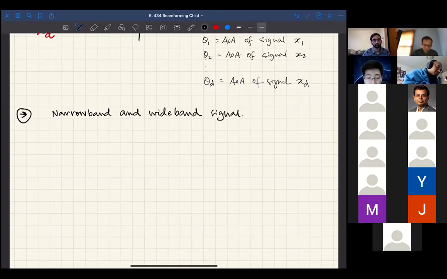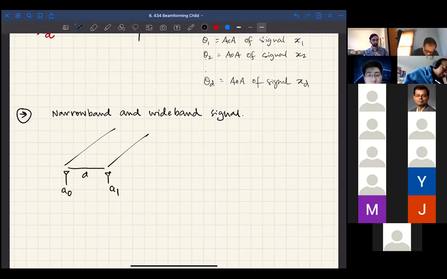You remember when we said that here is an antenna and here is an antenna. This is antenna A0, this is antenna A1. This separation is D. This is theta, and this is D cos theta.